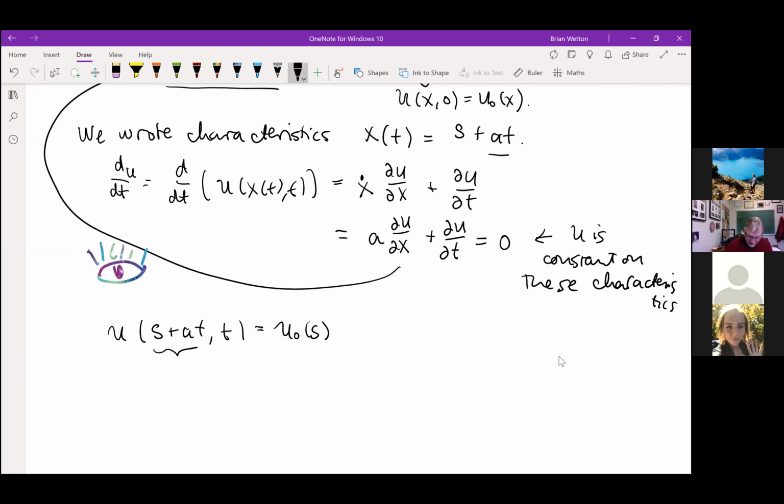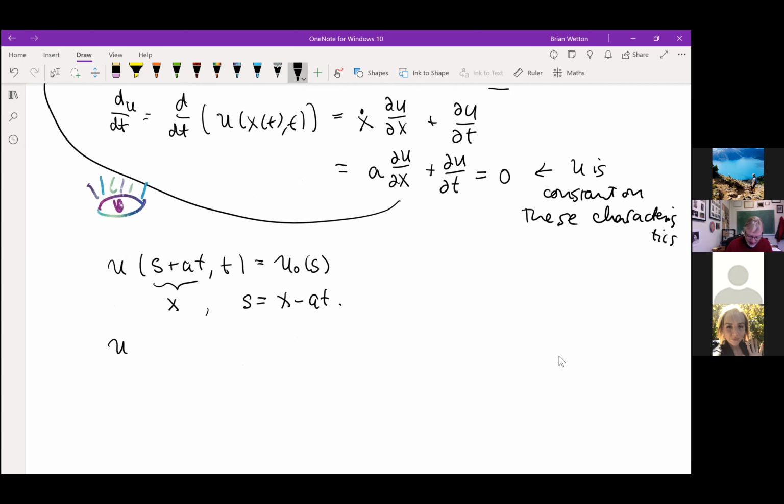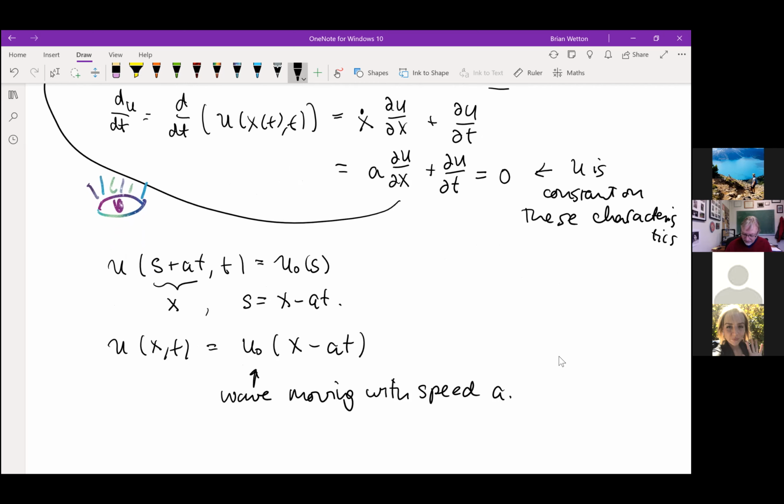And if we want to invert this, so we get u of x and t, then I have to look at the s value that is x minus at, and we get the explicit form of the solution is u0 of x minus at. So this is a wave moving with speed a. If a is positive, it's moving to the right, and if a is negative, it's moving to the left.